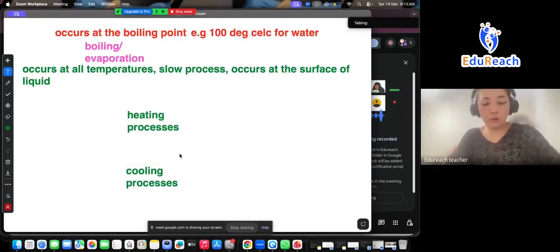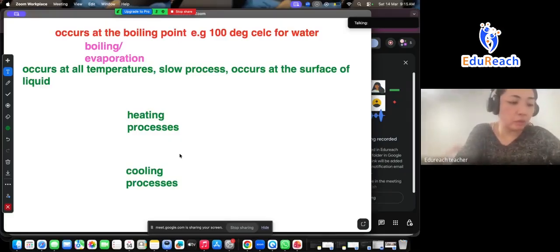Who knows an example of a substance that undergoes sublimation? Those of you who attended last week's lesson would know some substances that can undergo sublimation. Sublimation is when a substance changes from solid to gas immediately. Any recollection?